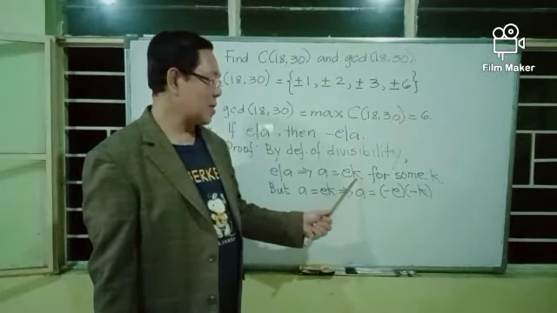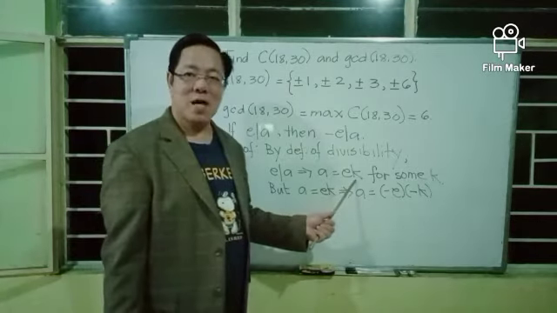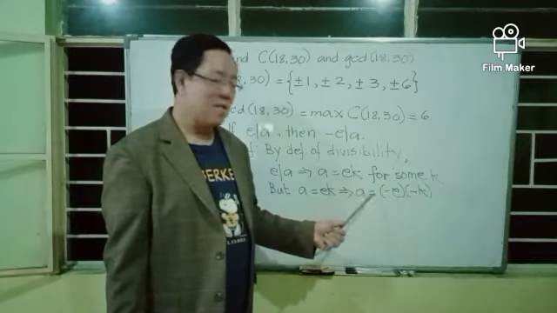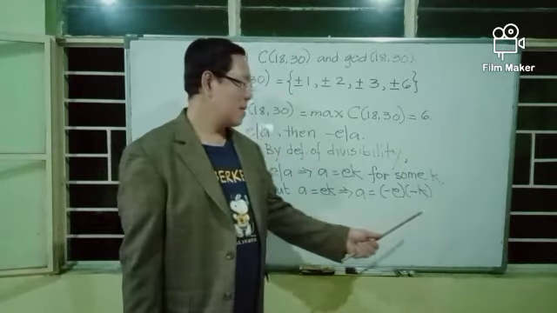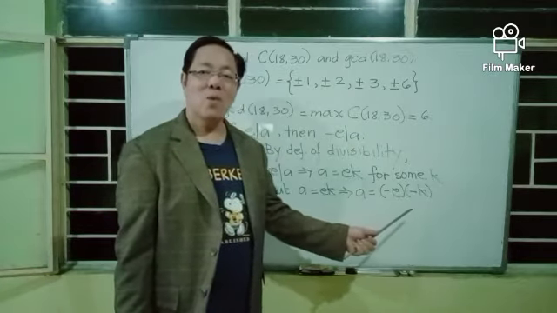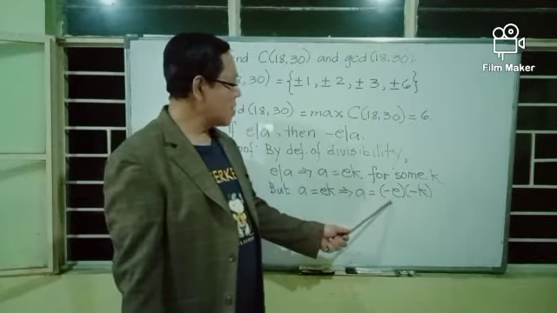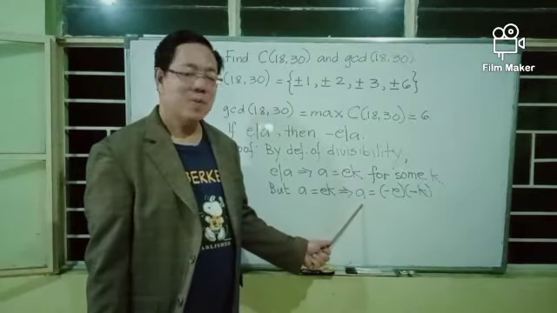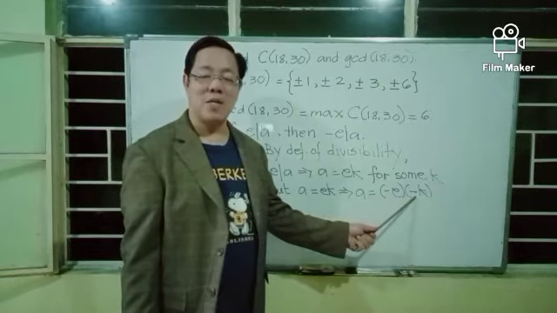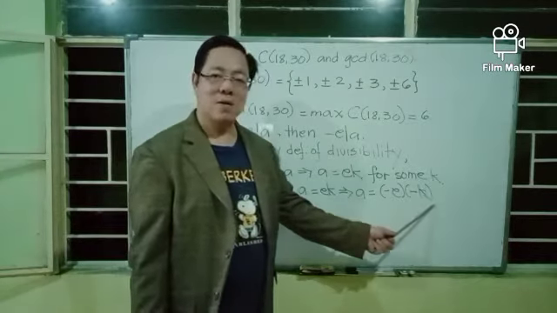So for some integer k, this equation must be true, and this equation ensures that there exists some integer k. So if this integer k exists, minus k exists. And because a is equal to minus e times minus k, we can conclude by definition of divisibility that minus e divides a, because there exists some integer minus k, such that a is equal to minus e times minus k.